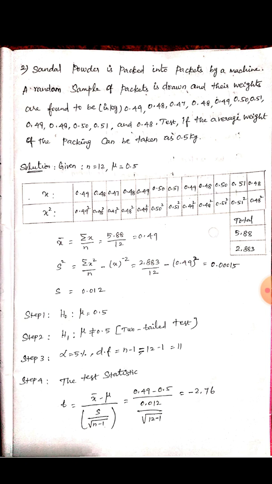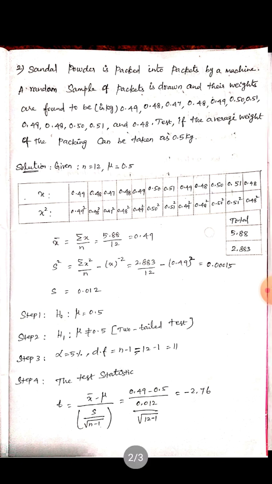The formula is t equals x bar minus mu divided by s divided by root of n minus 1. Substituting, the calculated value is minus 2.76. Taking the modulus, it is 2.76. Step 5 is the conclusion.